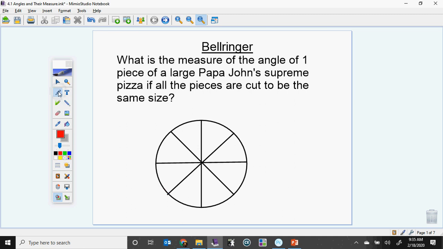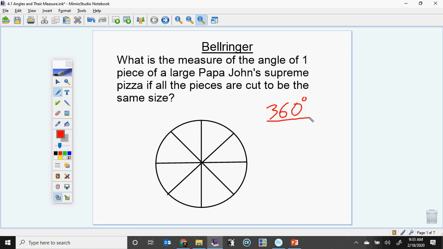Okay. Now, assuming that they are all cut exactly the same size, which of course they're not, then I say, well, there's 360 degrees total in a circle.